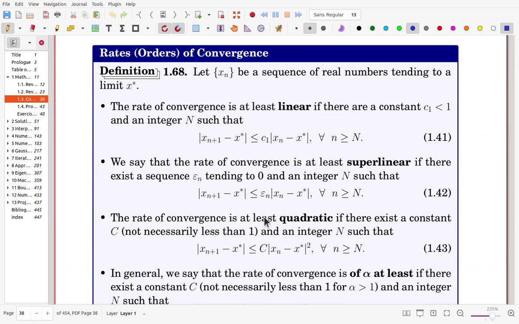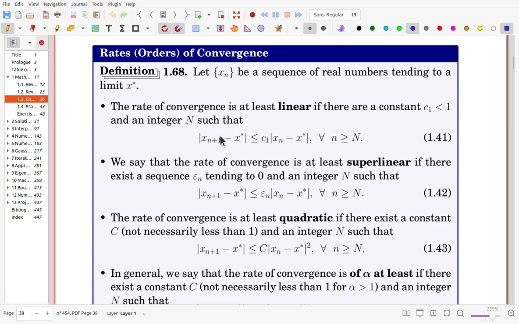Now, we define rates of convergence or orders of convergence. Now, x_n is a sequence converging to x star. Here is the earlier error, and there is a later error.